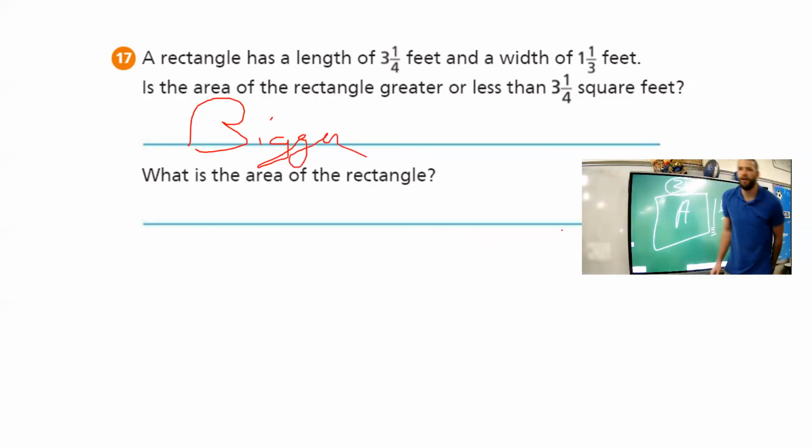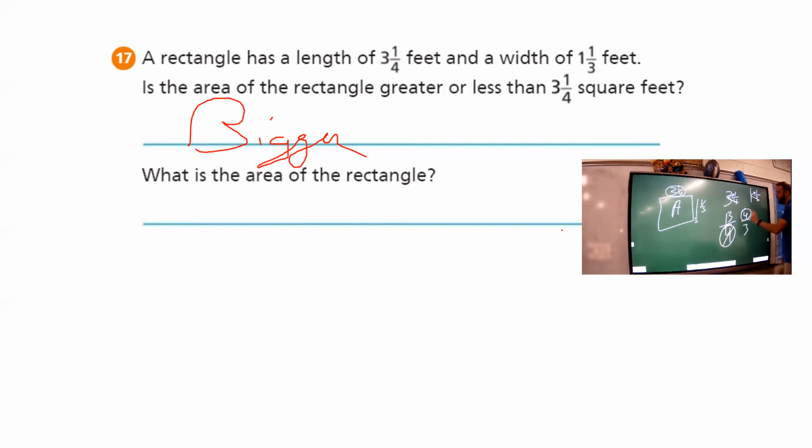What is the area of the rectangle? Well, let's multiply those babies out then, shall we? 3 1/4. 4 times 3 is 12, plus 1 is 13/4. And then 1 1/3, 3 times 1 is 3 plus 1, so it's 4/3. Can I simplify anywhere? Sure you can. You could turn those both into 1s. 13 times 1 is 13. 3 times 1 is 3.